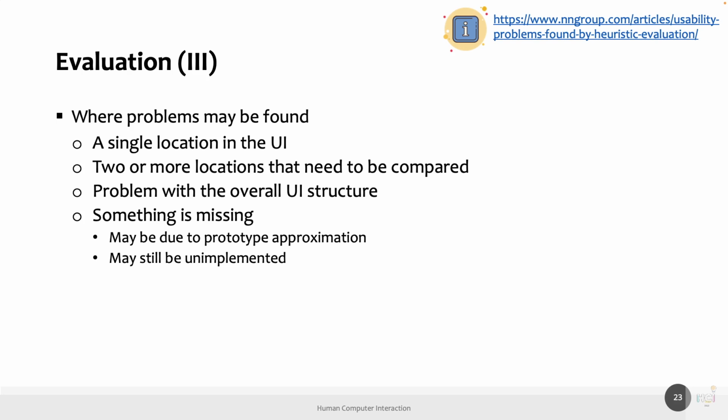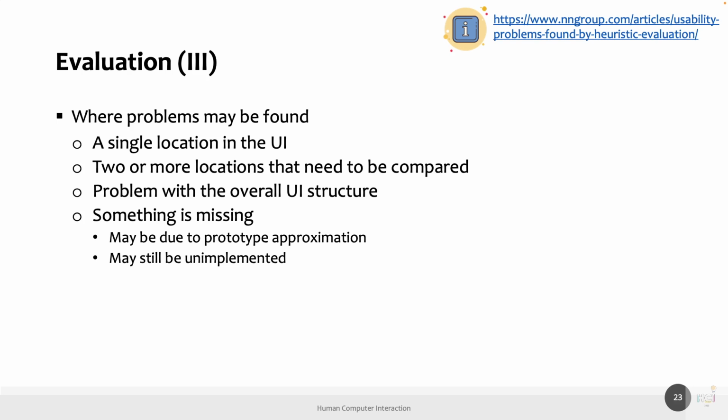We can also have problems with the layout of the pages, the overall UI structure. And these problems arise when the designer is not following conventions on a given platform or for a given device.